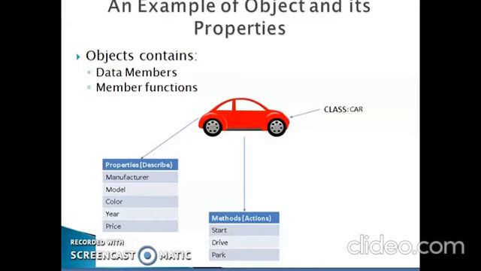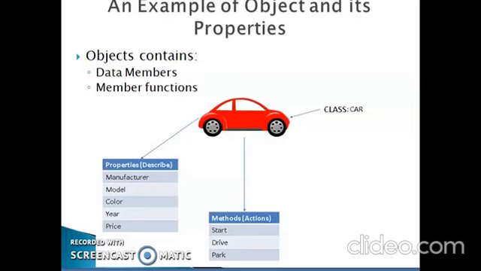If I pick one of the students from the class, like roll number 1, he is an object of which class? Class student. Is it understandable? So the class here is student, and one student from that class is an object. Roll number 1 is one object of class student. Roll number 2 is another object of class student. Roll number 3 is another object of class student.